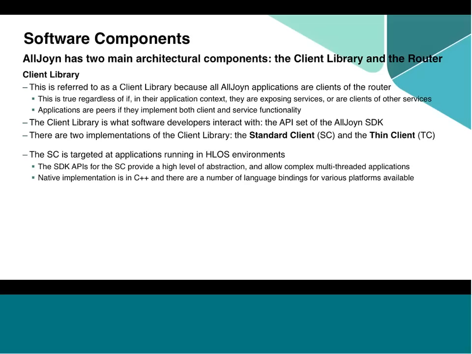Or on maybe your Windows desktop, you choose to write something in JavaScript for your web browser. So you have all this ability to leverage whatever programming environment you're comfortable with for the language bindings that are supported. You get to choose your flavor of how you want to use AllJoyn and take advantage of the APIs to publish and communicate with things around you.